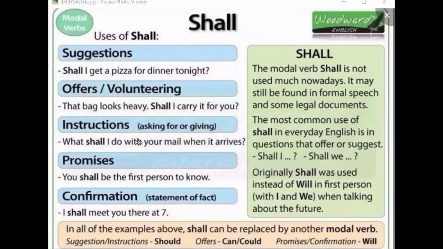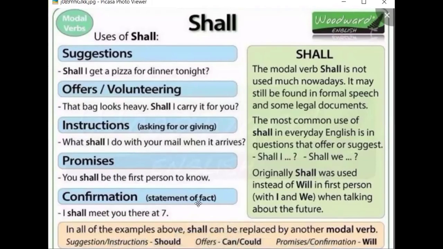Offers: can, could. Promises and confirmations: will. Okay, now the last note sums up everything. So in modern language, even if you have these situations, you would find other modal verbs are used there.